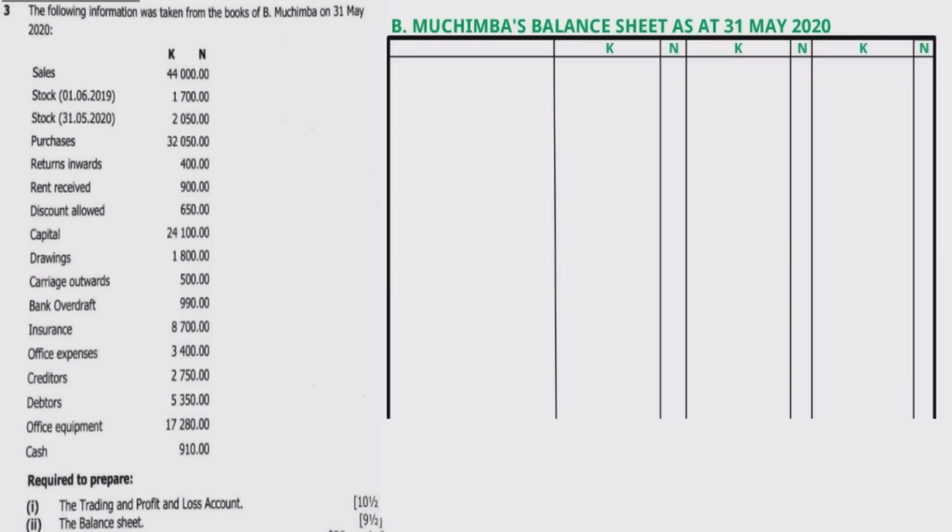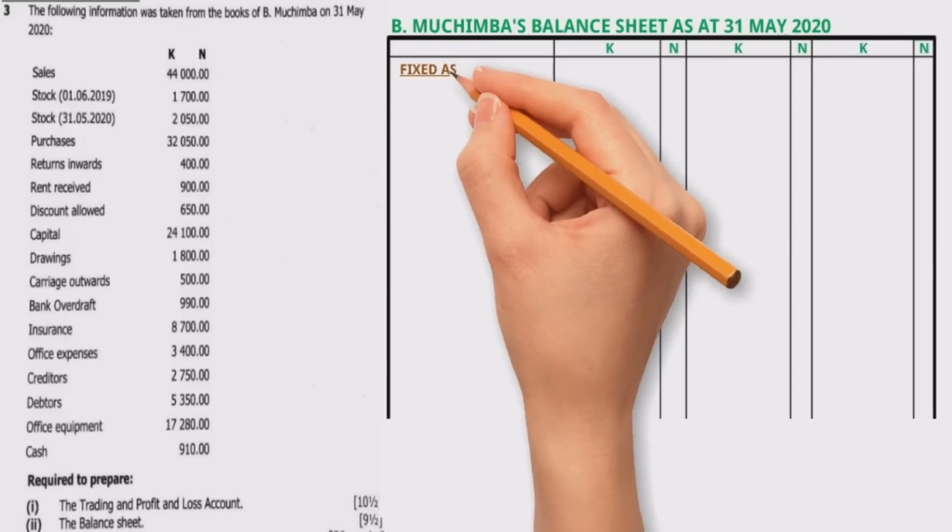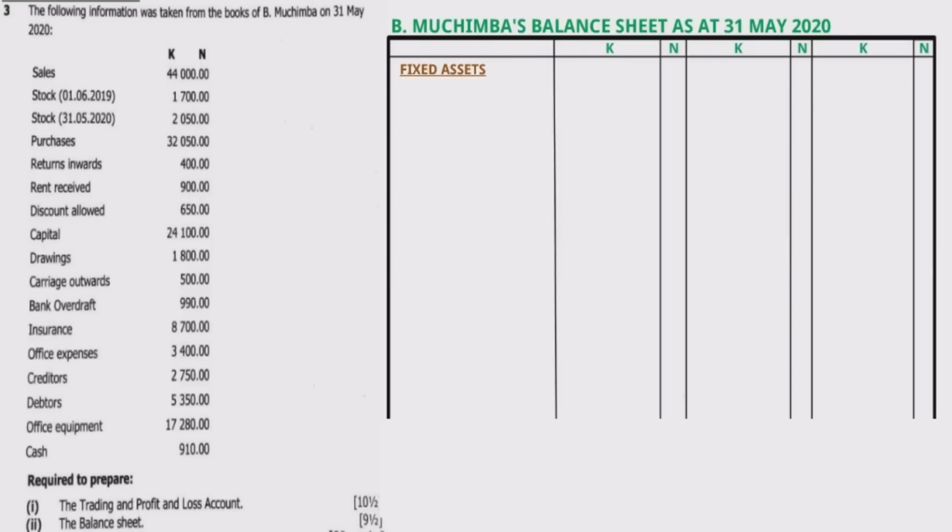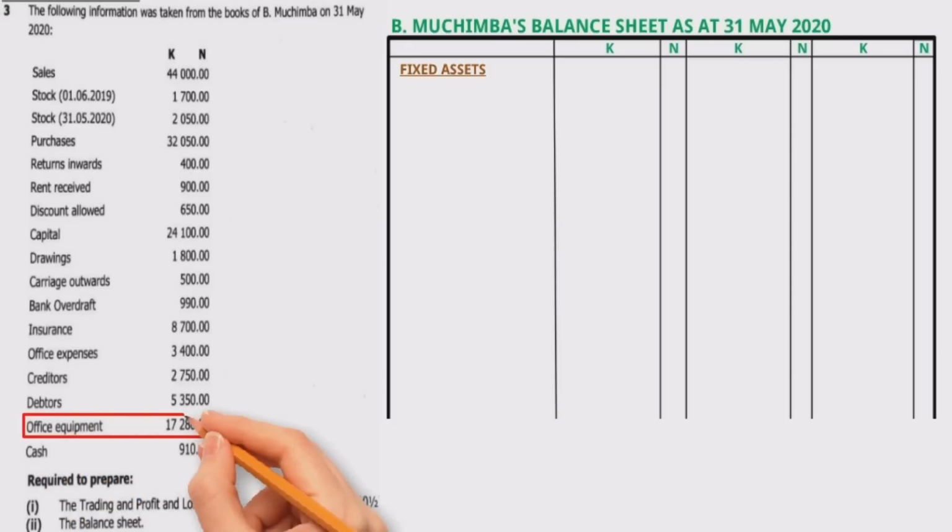Then in our balance sheet we're going to start with the fixed assets. The fixed asset in these items given is office equipment. And how much is office equipment?